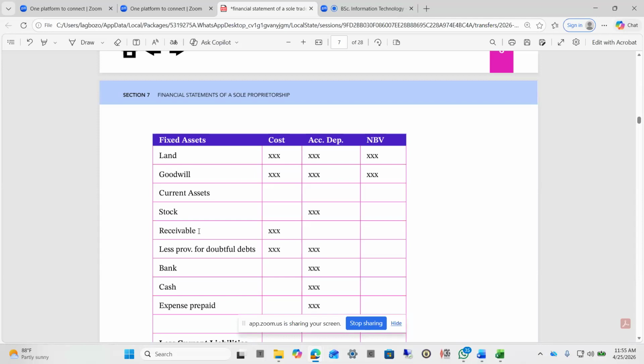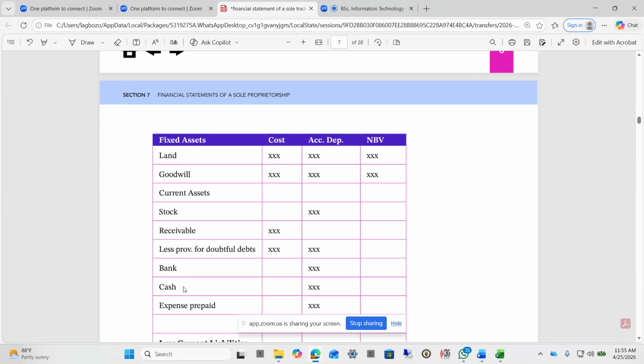If you have made some provision that some people will not come and pay, it doesn't mean they will not pay at all. It's also part of your money. Is that okay? Then your money at bank is also a current asset for you. And then the cash you are holding is also a current asset for you.